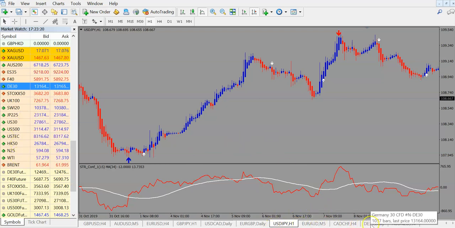You see here, I think I put this German 30 CFD that you can see. These blue and red arrows are new. So now this is a two arrow system, and the job of the blue and the red arrows is to show you the direction in which you will trade.